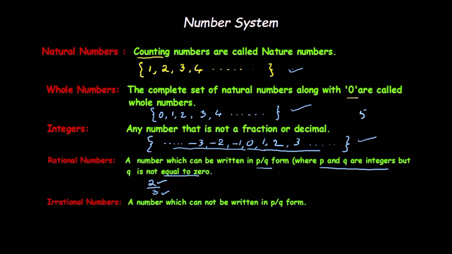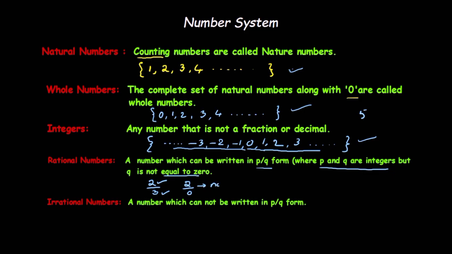For suppose if I take the number 2 divided by 0, this is not a rational number. Of course we have written it in the p by q form, but as per the rule here q is not equal to 0. So 2 by 0 result is not defined.